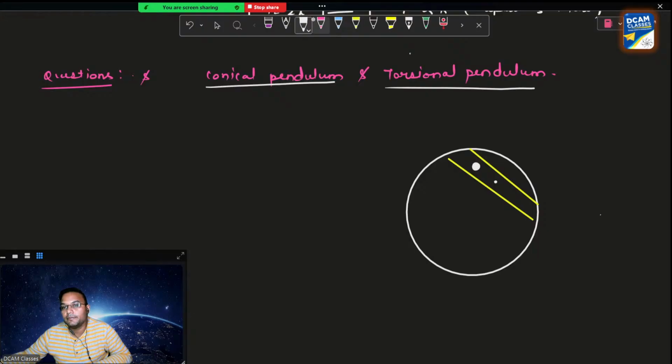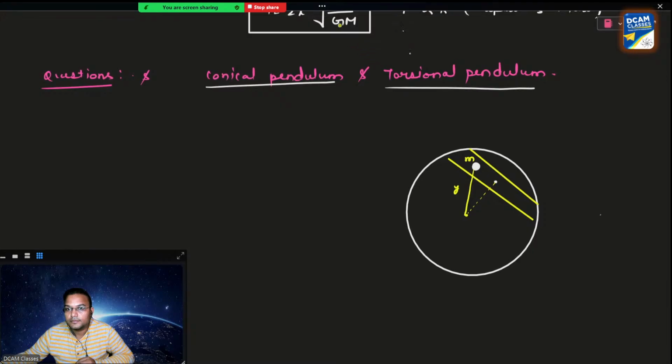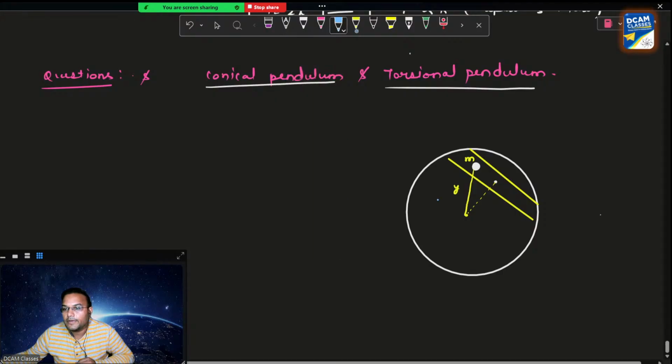Okay, this is the mass M. Now when you take this case, if you take this distance as y, this is y. Suppose this distance is x.